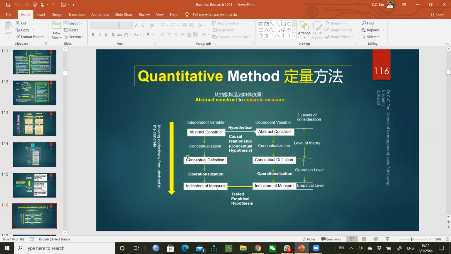So we start from something that is known, although it is at the abstract level. The reason why it is at the abstract level, in the social, social psychological, philosophical sense, is because it is more generalizable. Something that is abstract can be generalized to every different kind of application, and that generalization is in the abstract form.